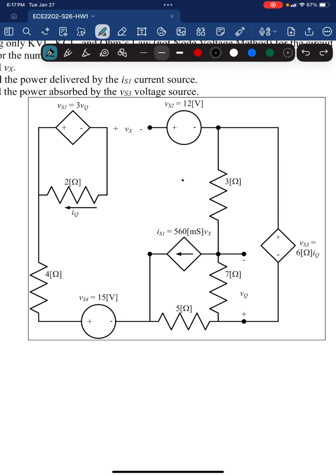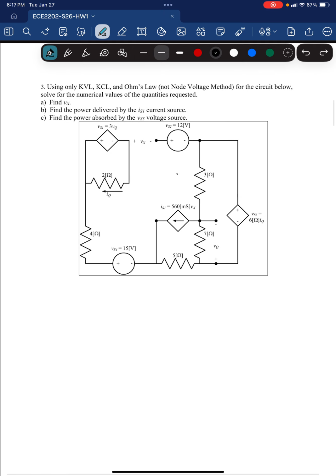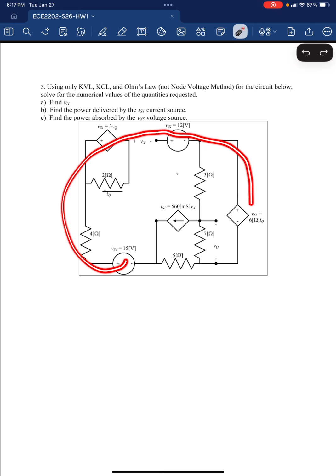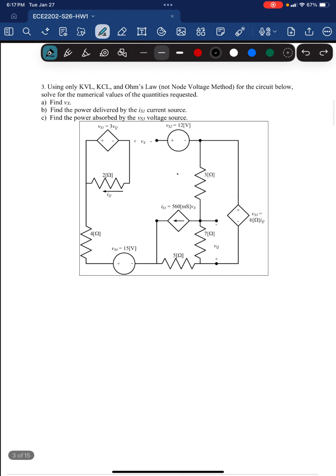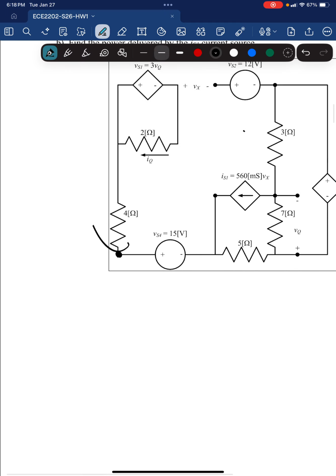And for the sake of simplicity, we want to try to keep variables that we introduce to the problem down to a minimum. So we're going to take this outer loop because we don't have to create any new variables to do so. So let's start with a KVL. I always like to start on the bottom left here. So first we have a 4 ohm resistor here.